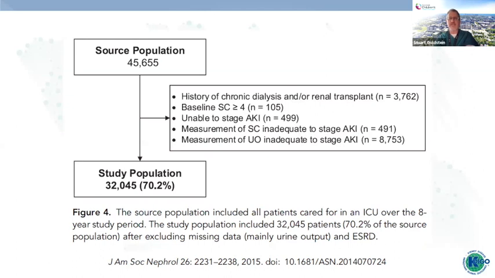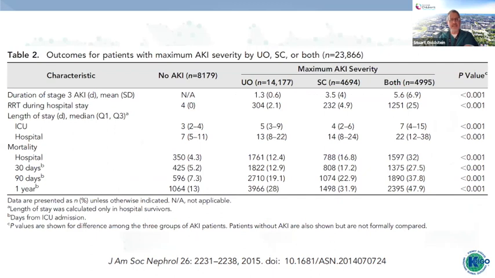But still, after those exclusions, they had 32,000 patients to be able to assess. And what you can see here is an important finding, that both urine output and creatinine were associated with poor patient outcomes, and that combining them was associated with even worse outcome.